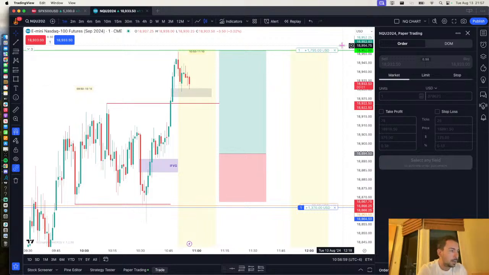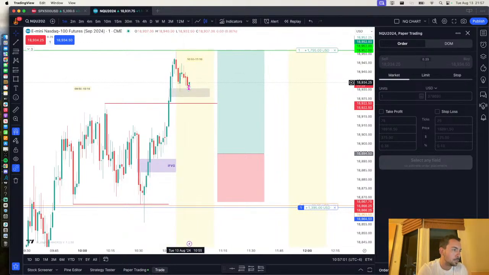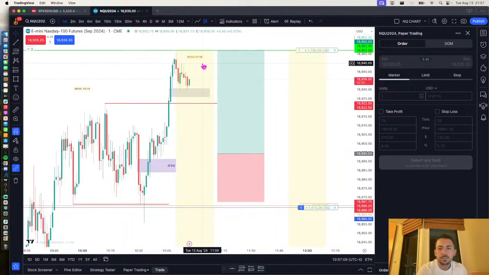Okay, so we're trading back into the fair value gap. It's permissible for us to come back and rebalance it, and we also have another one right here. That's possible we rebalance. But ideally, I would like to see this hit within this macro time. So let's see if we get it. Nice, beautiful bullish reaction there.